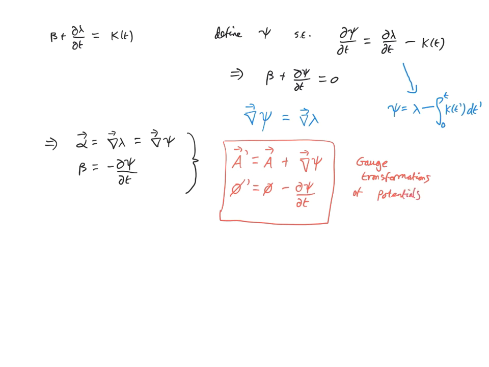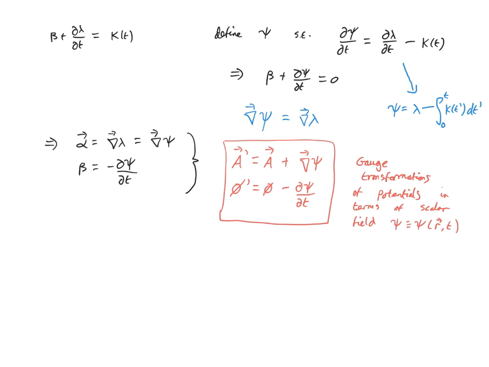And this gauge transformation of the potential depends just on this scalar field psi. And this scalar field psi is a function of spatial position and of time.